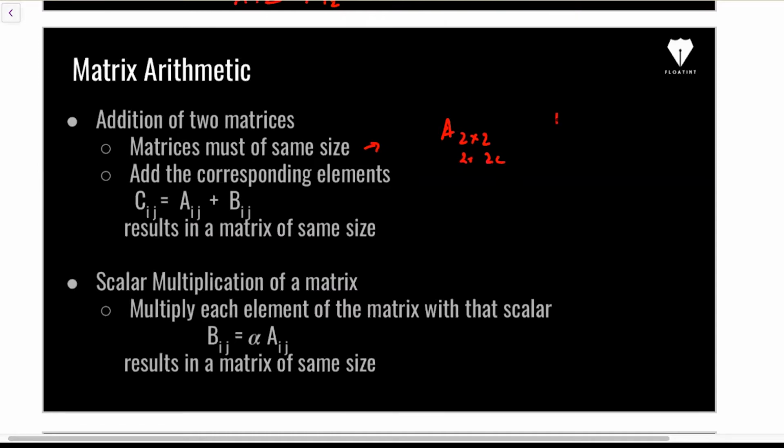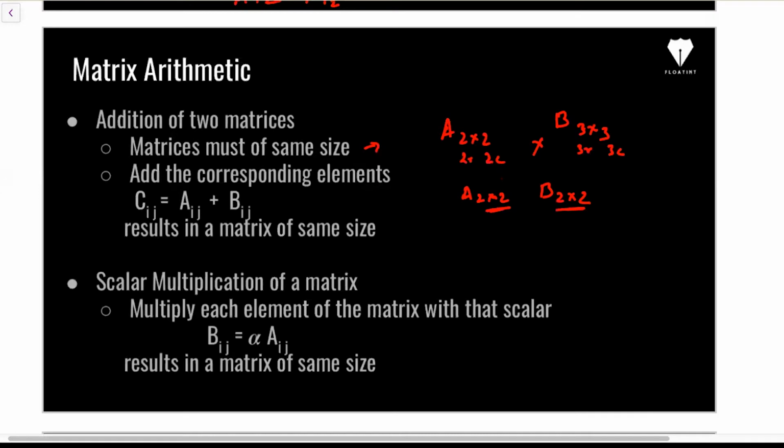You cannot add it with a 3 cross 3 matrix that has three rows and three columns. What you can add is another 2 cross 2 matrix, and that is the size notation I am talking about here.